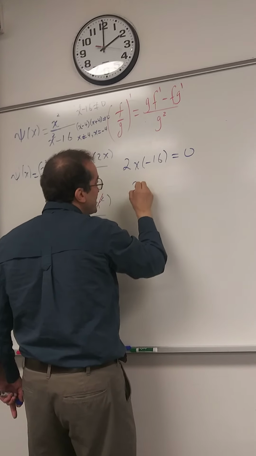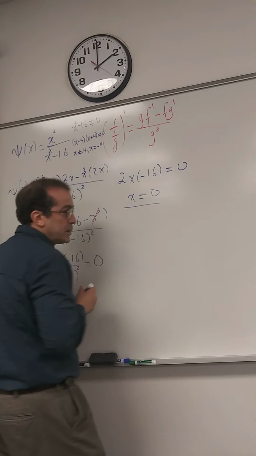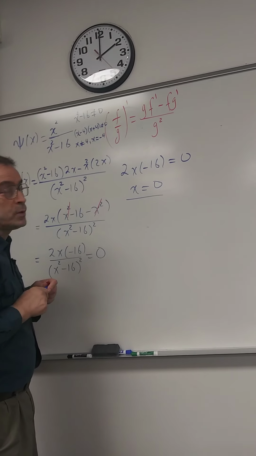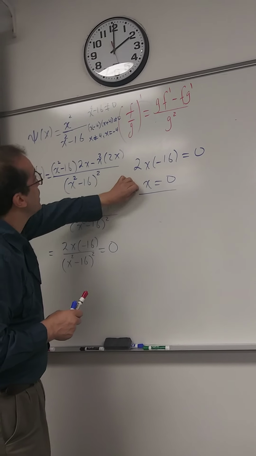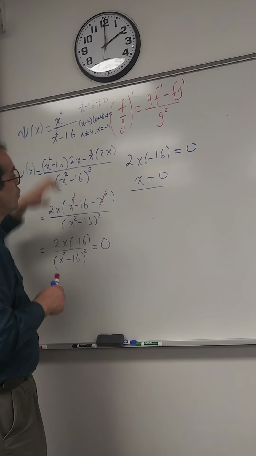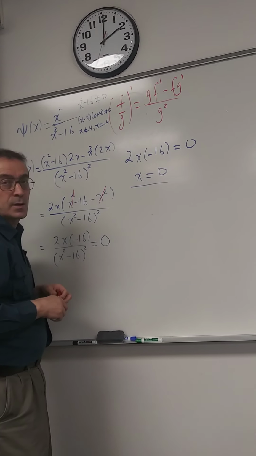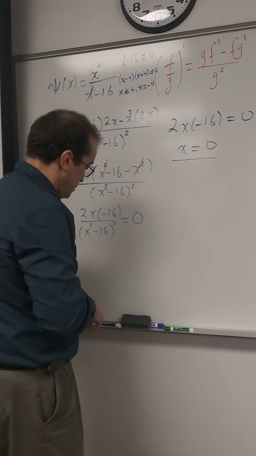That means x is 0. So the critical number is x equals 0. And the critical point is the point corresponding to it, which you can get by substituting x back in the original function. 0 here, 0 here, so that gives you 0 over 0 − 16, which is 0. So the point is the origin, but the critical number is x equals 0.